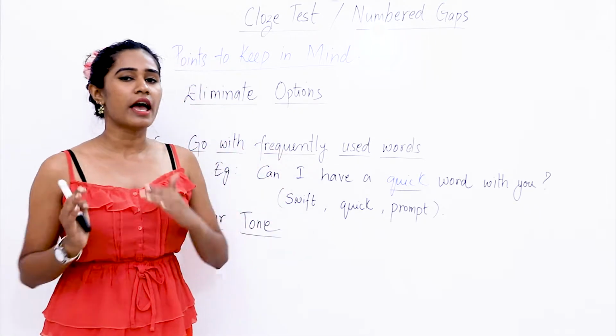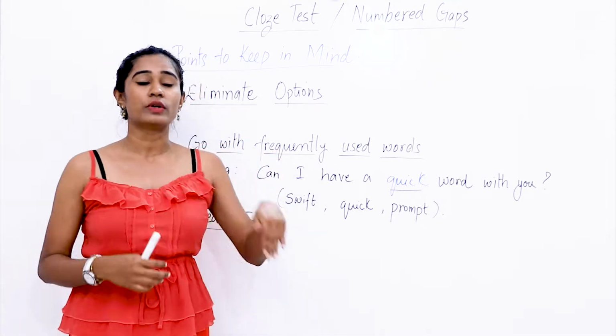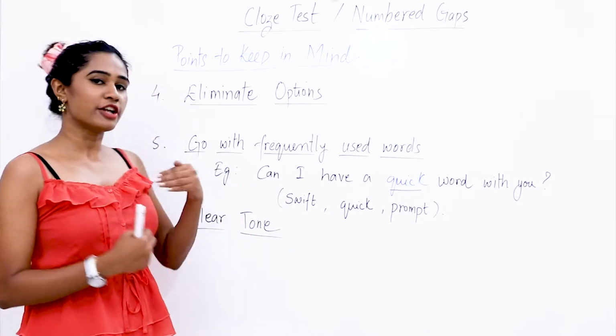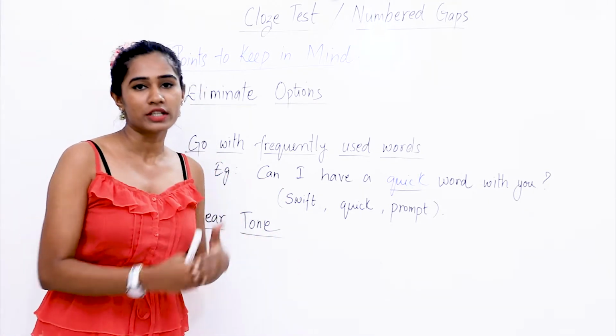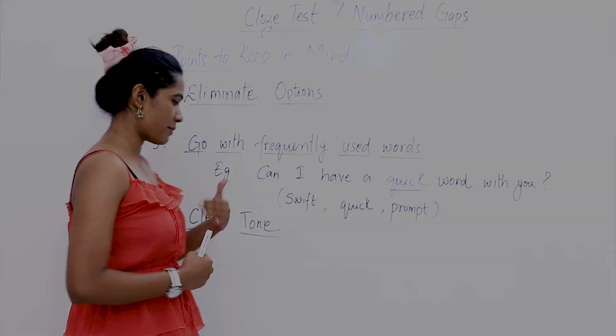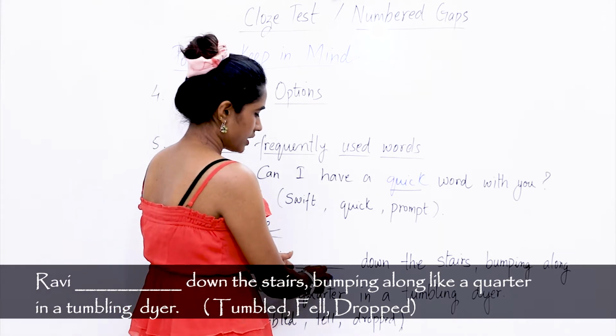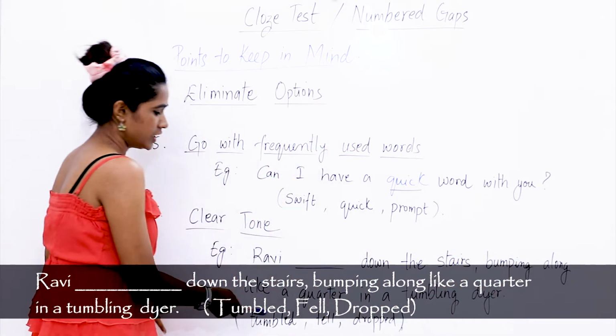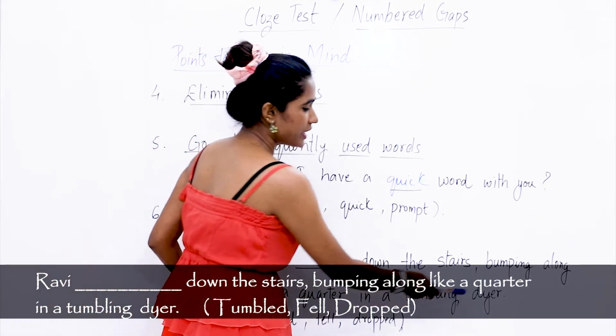Every passage has its own tone. Based on that, you have to identify what the passage is about and then fill the blanks. For example, Ravi blank down the stairs, bumping along like a quarter in a tumbling tire.